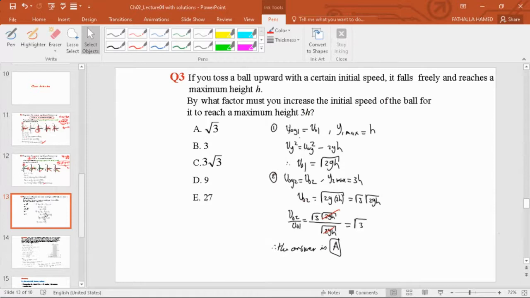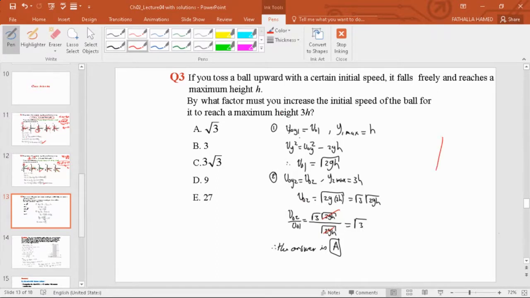In this question here, if you toss a ball upward with a certain initial speed, it falls freely and reaches a maximum height h. By what factor must you increase the initial speed of the ball for it to reach a maximum height of 3h?